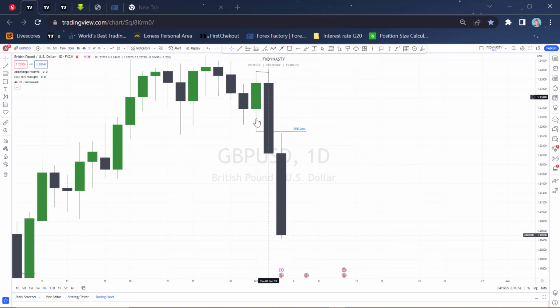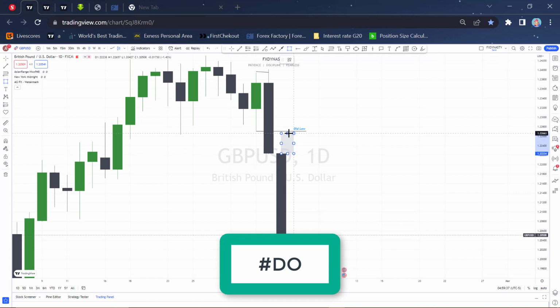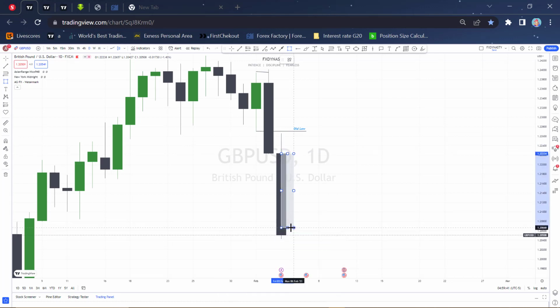So as you can see, Friday price action traded up to create the high of the day, close to the old low, then rejected going lower. This is what I was actually expecting for the Friday candle.